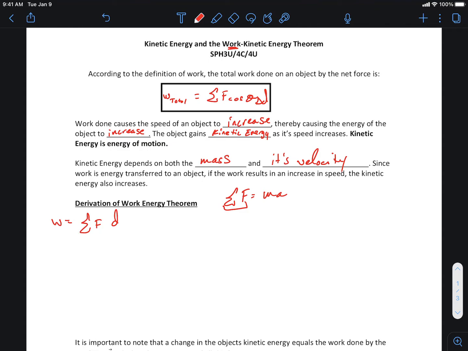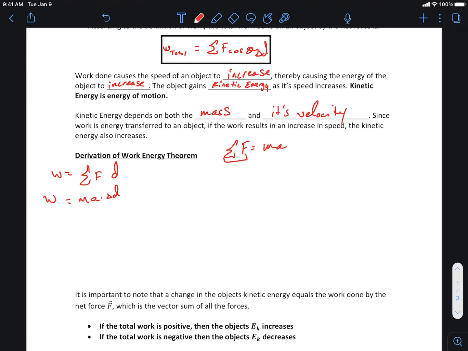Work is still equal to mass times acceleration multiplied by the displacement, and I'll label it specifically delta D for displacement. It's kind of cool. We're seeing some mixture of kinematics and this work-energy theorem.